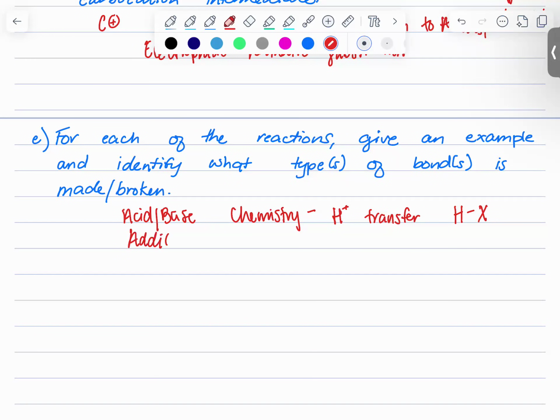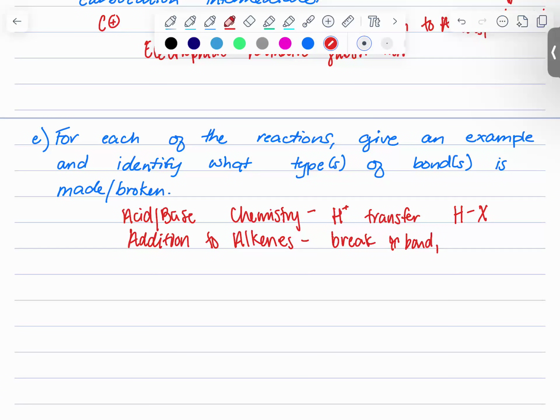Addition reactions. Well, addition to alkenes. What kind of bond do we break? A double bond. I'm going to write it as a pi bond.